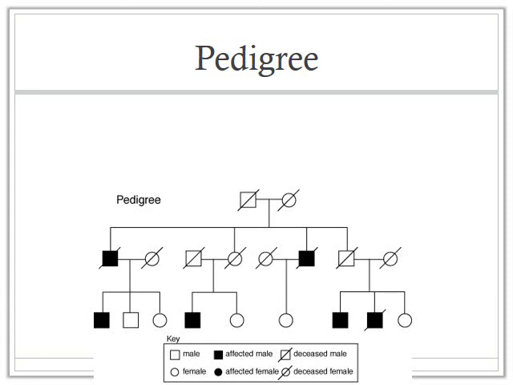So in this pedigree, you will see that the first generation is not filled in. So that gives you a clue. If you're not seeing the phenotype in the first generation, but you are seeing it in the next generation, then that means it has to be recessive, because that's the only way that this would work.